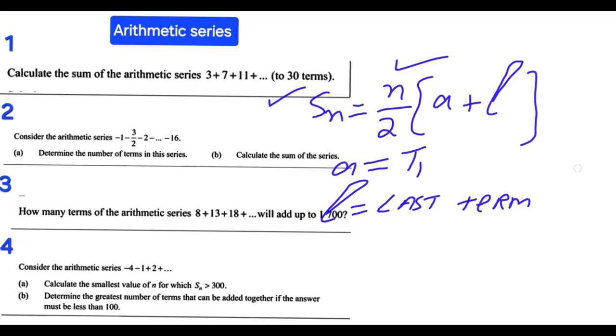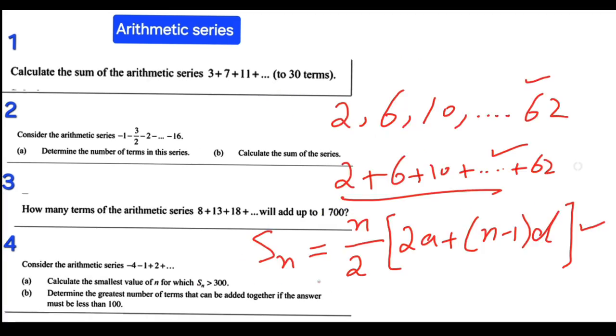I'll show you how to use these formulas in the questions, but first I want to show you the proof of the sum of the first n terms of an arithmetic series formula. Must remember Sn stands for term 1 plus term 2 plus term 3 plus so on plus term n, so all the terms till the nth term. Sn is the sum of the first n terms of a series.